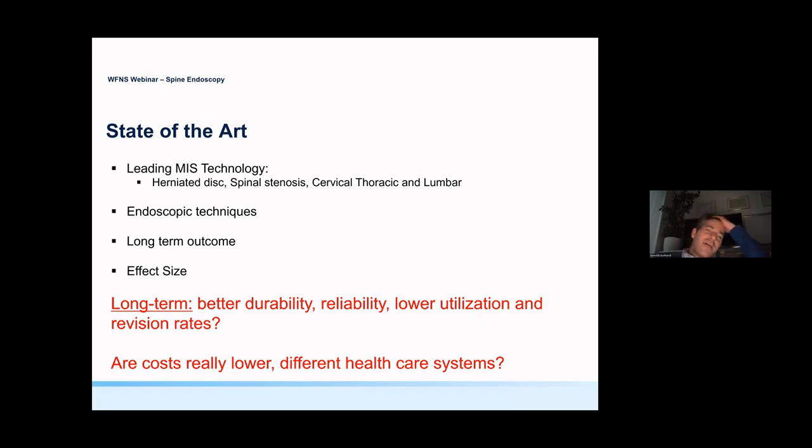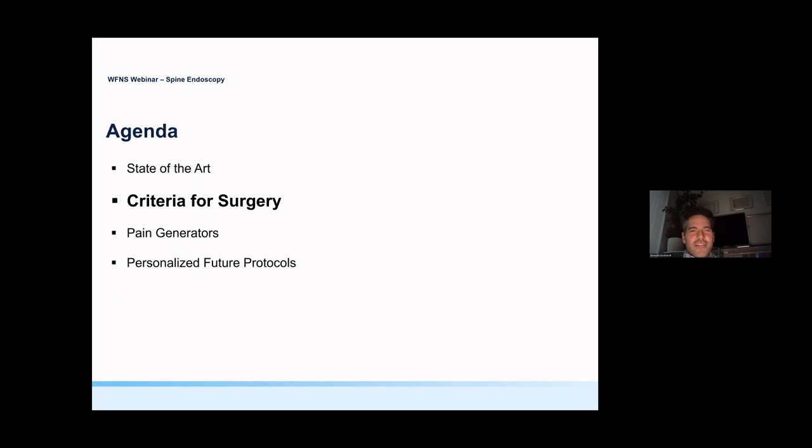And second of all, it has been reported often that the healthcare costs are less using endoscopic techniques, but this might not be translated to all countries, because the healthcare systems are different, and endoscopic techniques often use single-use instruments, and they might not be reimbursed, and therefore the healthcare costs might not be really lower.